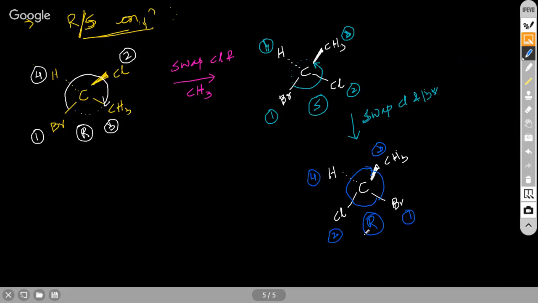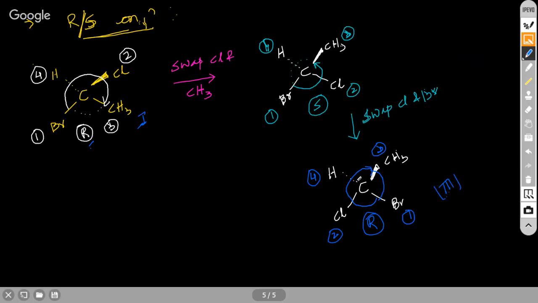Okay. Wait, Anirudh. So what you can observe from these three examples? You see, initially the configuration is R, correct? When we swap one pair, the configuration becomes S. Again, if you swap one pair from here, the configuration becomes R, right? But when you compare the first and third molecule, they have the same configuration, right?